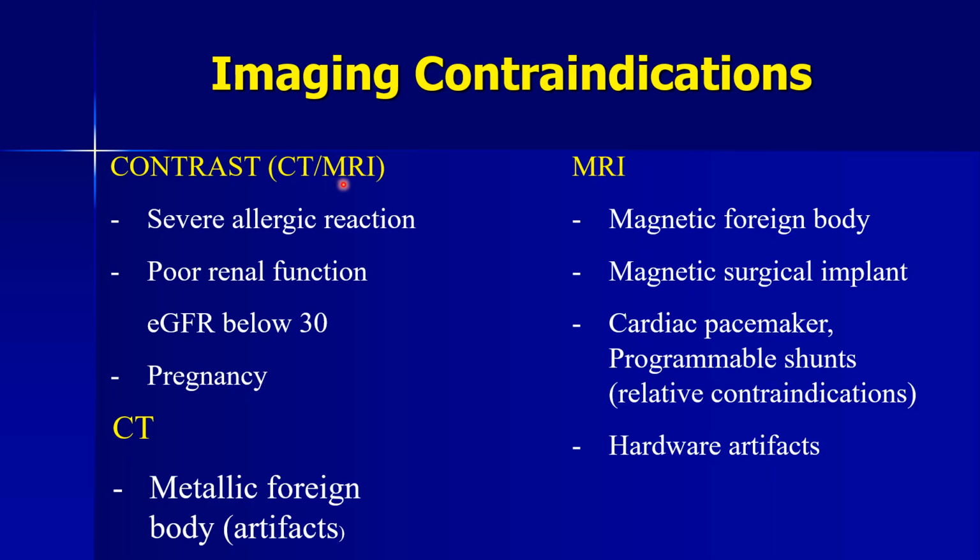The contrast used in MRI is gadolinium based, and any adverse events or severe allergic reaction from gadolinium based contrast is extremely rare. The contrast used in case of CT imaging modality is iodine based, slightly higher chance of allergic reactions, but overall incidence of allergic reactions from CT contrast is less than 0.5%.